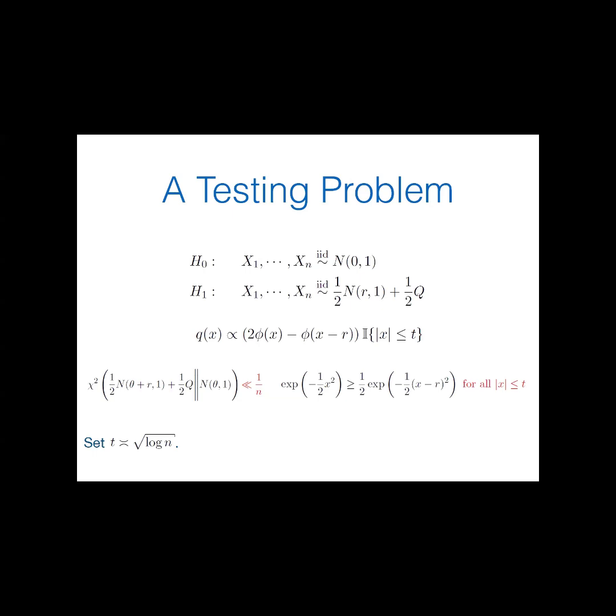And if you plug the choice of t into this requirement, you can show that if r is smaller than the order of 1 over root log n, you cannot separate the 2 hypotheses. So this is the lower bound construction, and it's very much the same calculation that you have seen in the upper bound. So 1 over root log n is actually the minimax separation rate for the testing problem.